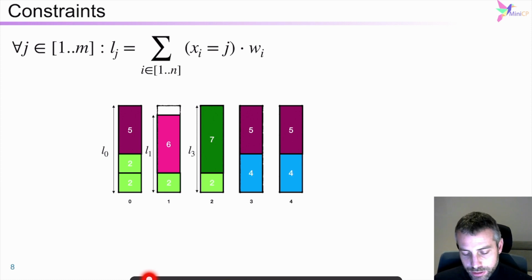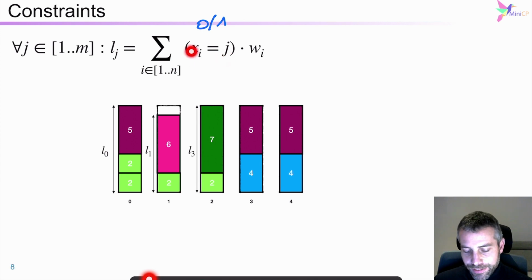So I will do a sum there of the weight of the item i, times a 0,1 variable.